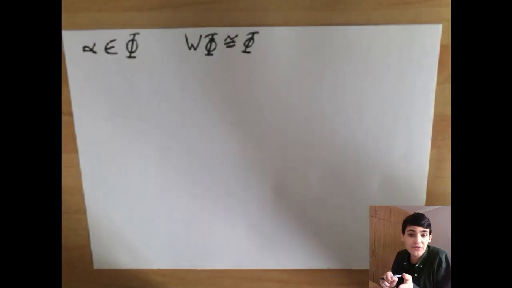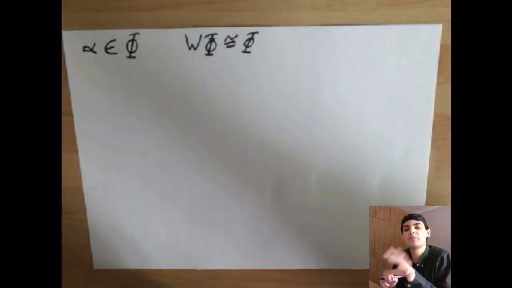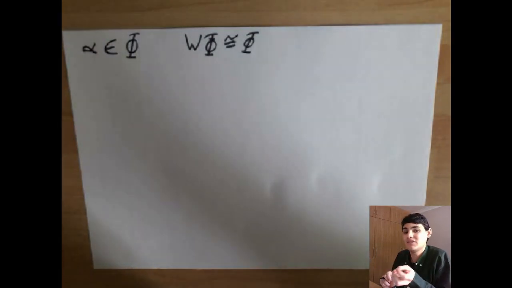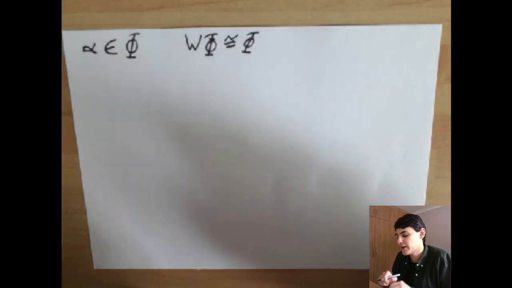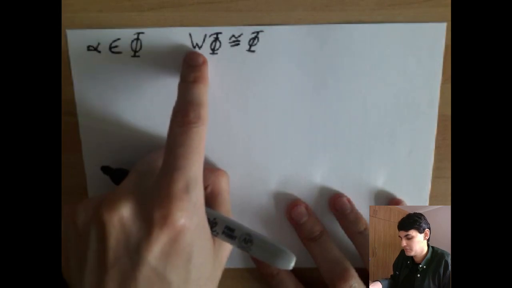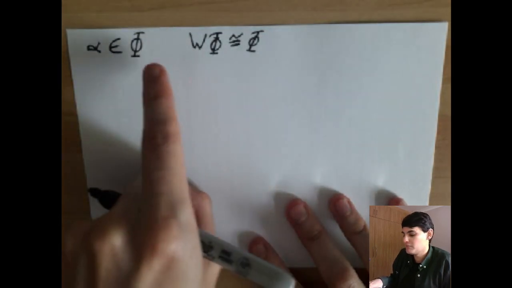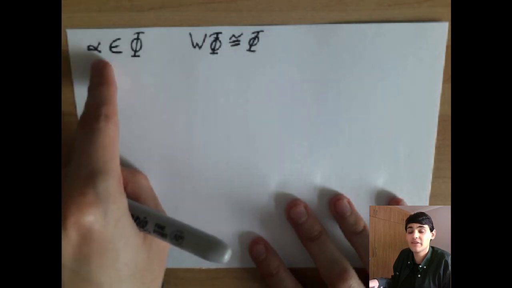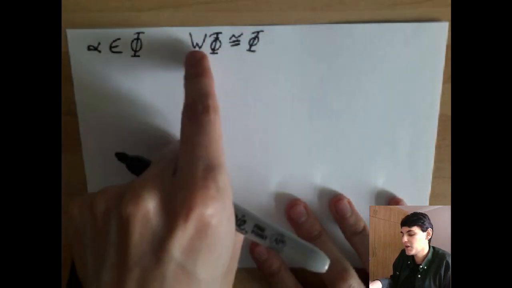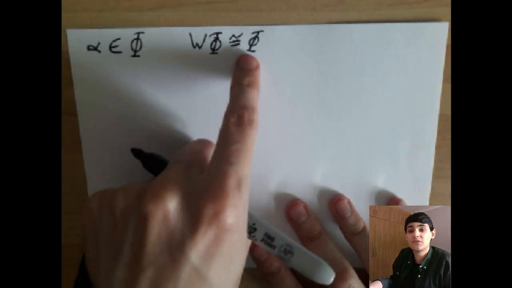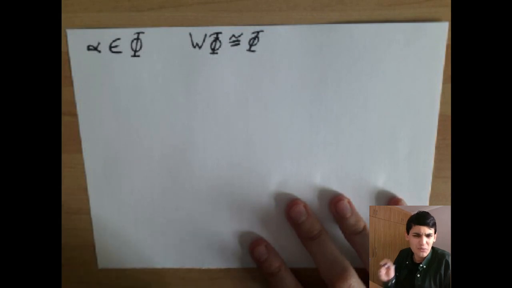If you're familiar with roots of unity, you'll know that if you multiply any two roots of unity together, you get another root of unity. It's the same sort of deal here. If you multiply any two roots together, you stay in phi. If you act upon phi by W, then you stay in your root system. And what does that mean?